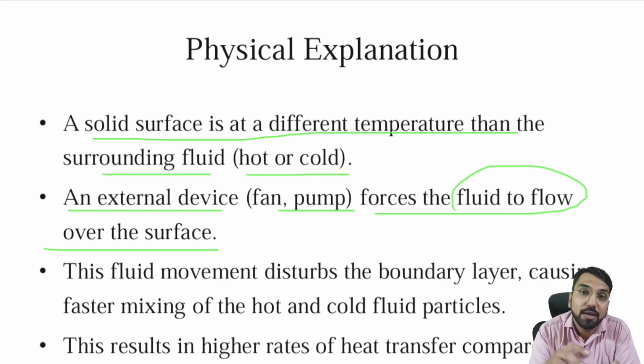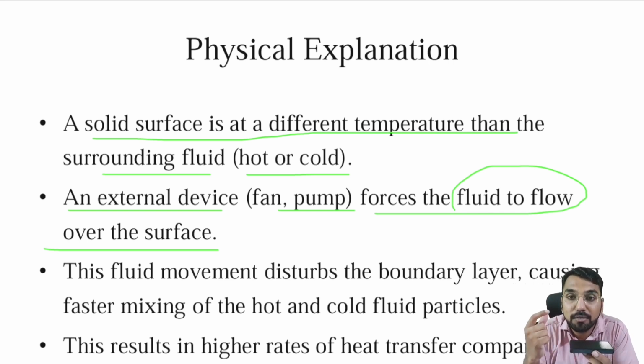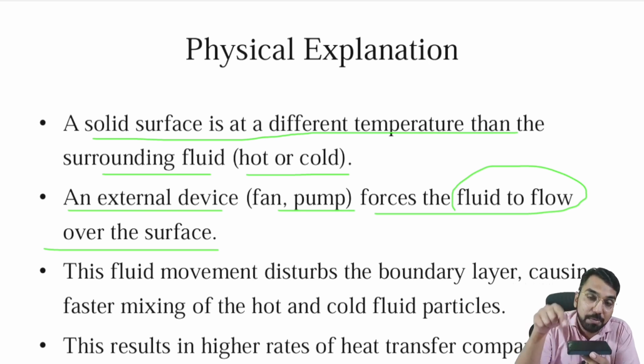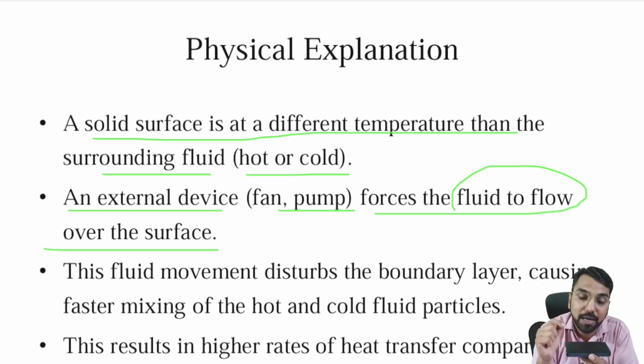Why is it so? Because we are controlling the motion of the fluid. Whatever air is passing over this hot plate, we are supplying more air with more velocity, and that's why the heat transfer is enhanced compared to natural convection.